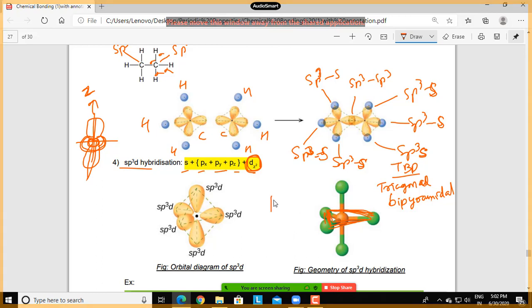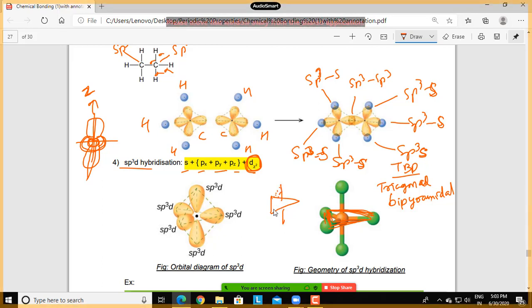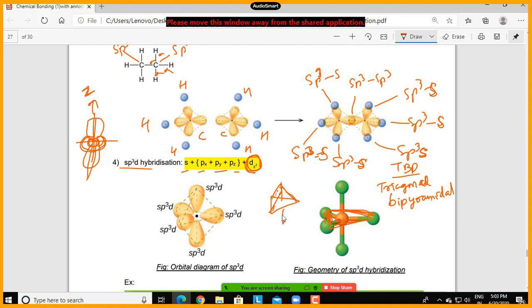It is like this above, and like this below. If you join these points, you get a pyramid above, and below also, if you join, you get a pyramid. So that's why this shape is known as trigonal bipyramidal.